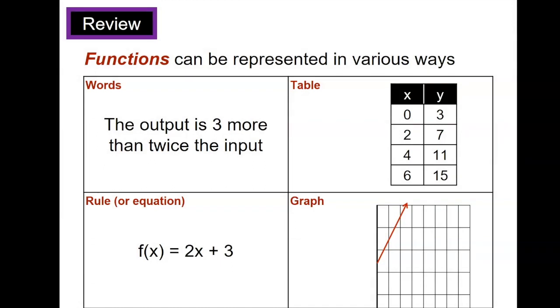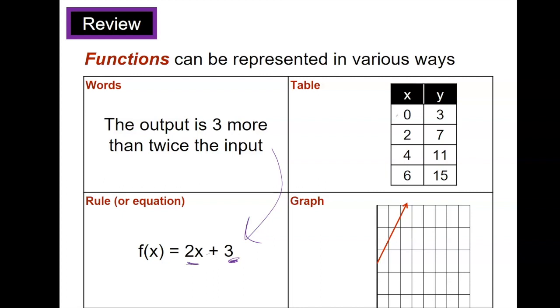Functions can be represented in various ways. So you've got the words: the output is 3 more than twice the input. If you look, that's the function for that. 3 more than twice the input. A table, you would generate some values, perform the function. So you plug in 0, you get 3, you plug in 2, you get 7, you plug in 4, you get 11, you plug in 6, you get 15.